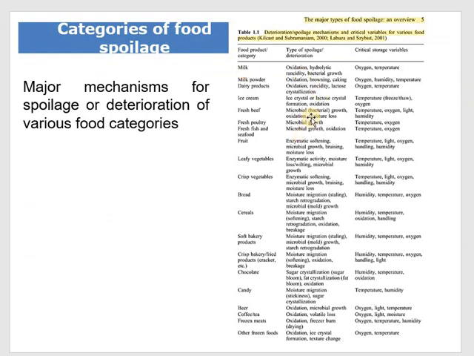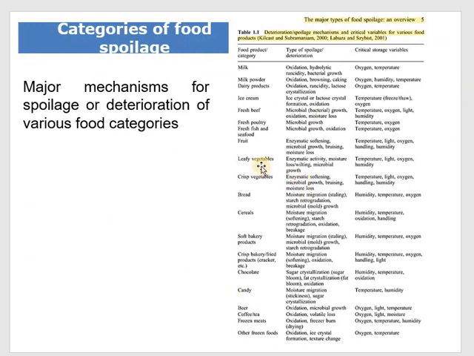In your milk, the types of spoilage are oxidation, hydrolytic rancidity, and bacterial growth. So what are those critical storage variables? Definitely the oxygen if oxidation is taking place, and then the temperature, because the temperature affects your bacteria. And sometimes something that maybe we don't mention is that some of these bacteria growing in your product produce enzymes that then degrade the macromolecules.